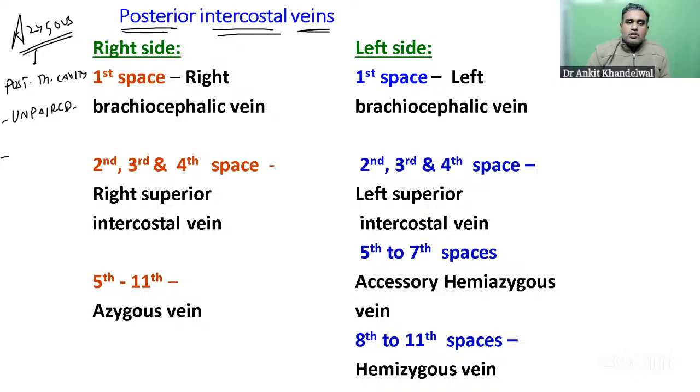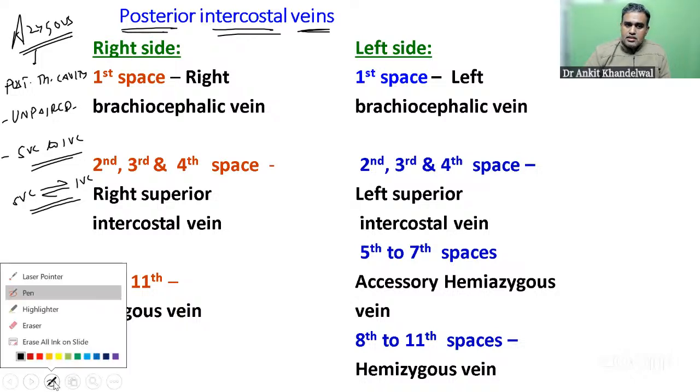And the third and most important point regarding the introduction of the azygous vein is that it connects SVC to IVC or vice versa. So it is SVC to IVC or IVC to SVC. Okay, so what's so much important in this connection?